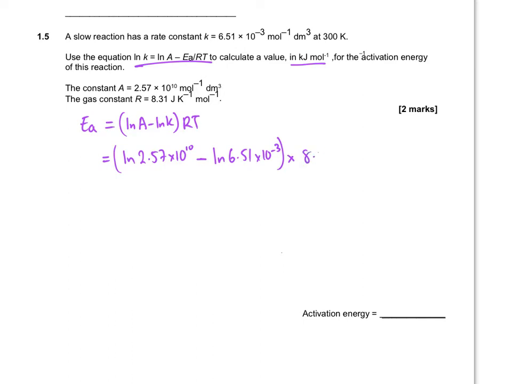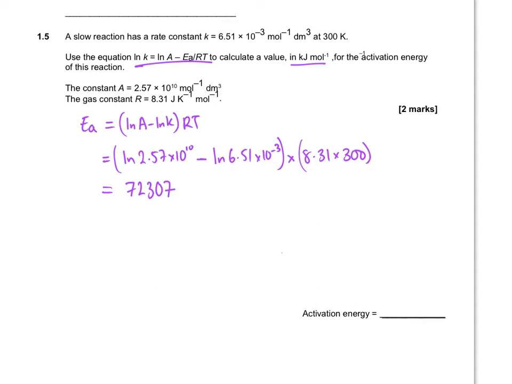R is 8.31 and T is in Kelvin, and it's 300. Okay, so that gives me an answer of 72307.